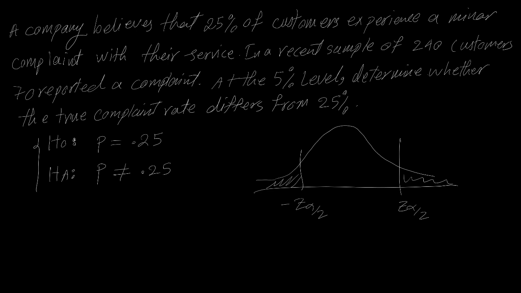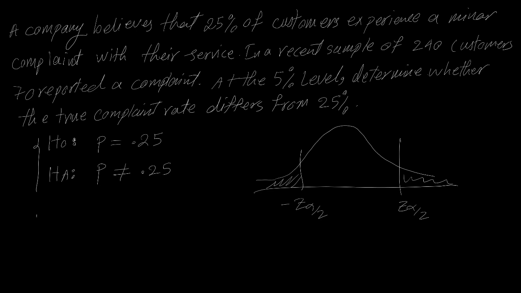Now the second step, we want to compute the test statistic. How can you compute the test statistic? Is it a Z or T test or proportion? As you see, right now we are speaking about the proportion and the sample size is 240, so we are using the normal Z test for the proportion.